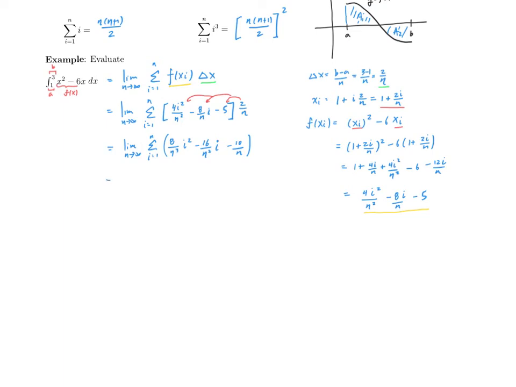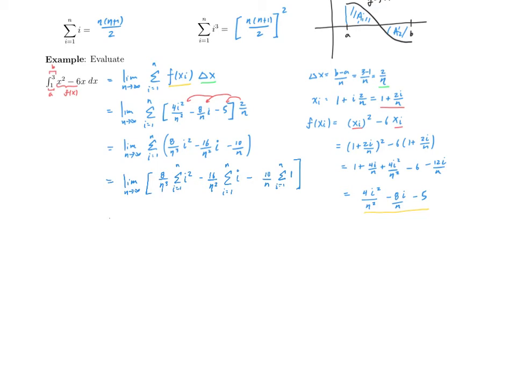And note this is a very common technique. It's precisely what we've done many times in the past when dealing with, say, limits or differentiation. You break up over addition and subtraction, you pull out constants. So we would have 8 over n cubed, the sum from i equals 1 to n of i squared, minus 16 over n squared, the sum from i equals 1 to n of i, minus 10 over n, the sum from i equals 1 to n of 1.